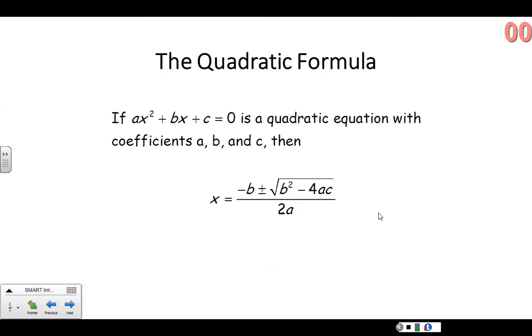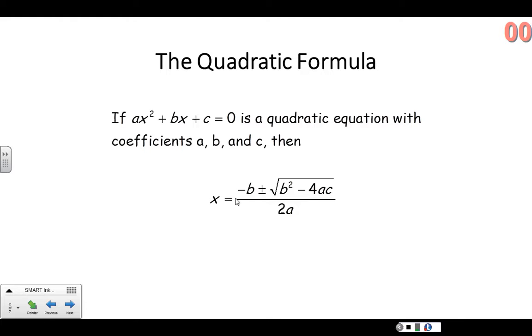The quadratic formula. If your quadratic equation is in the standard form we've talked about previously, ax squared plus bx plus c equal to 0, where a, b, and c are the coefficients of the terms. A is the coefficient of your x squared, b is the coefficient of your linear term x, c is the constant. Then you can solve any quadratic equation using the quadratic formula.